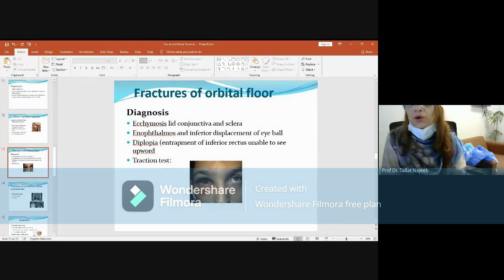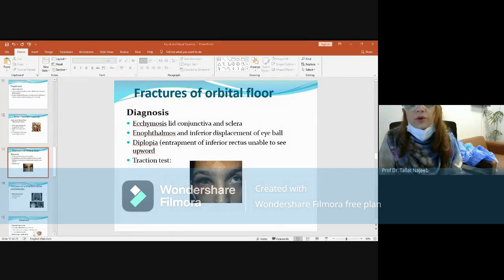There will be displacement of eyeball inferiorly, because there will be entrapment of inferior rectus. Okay, so there will be diplopia. Patient will be unable to see upward and laterally because of entrapment of this muscle.